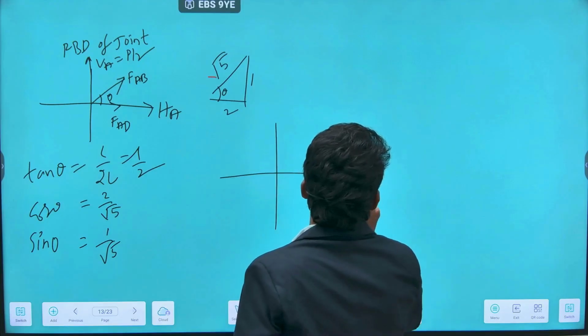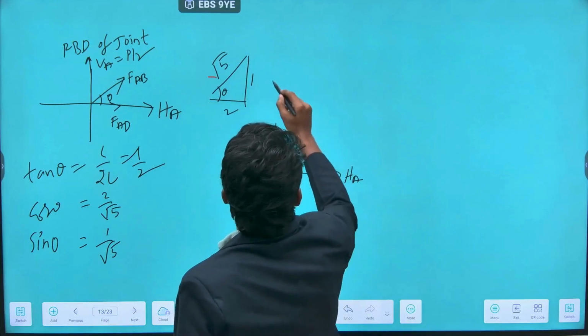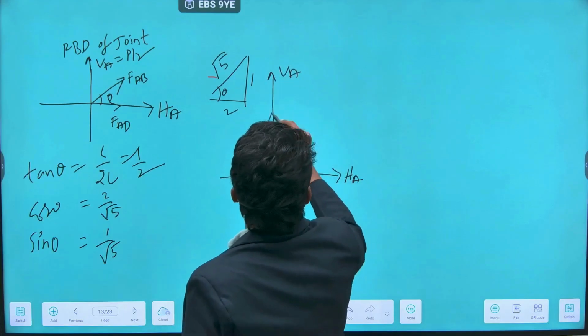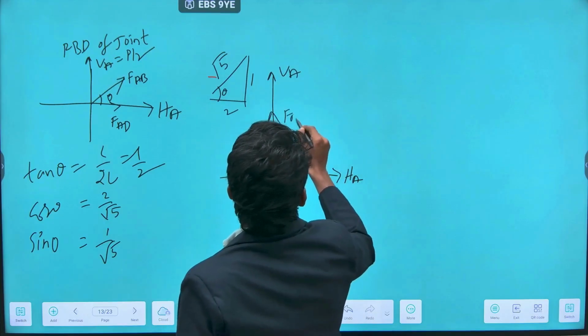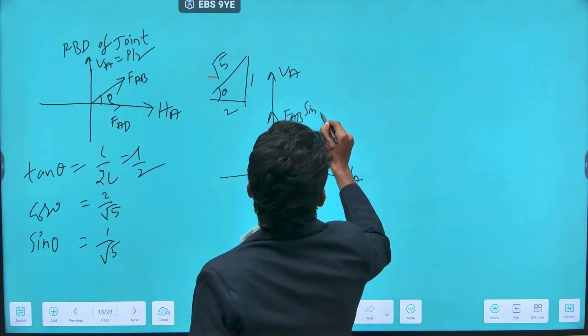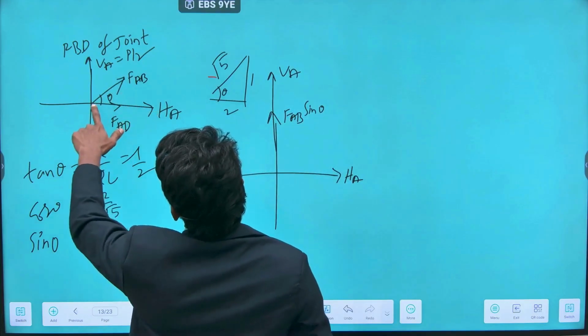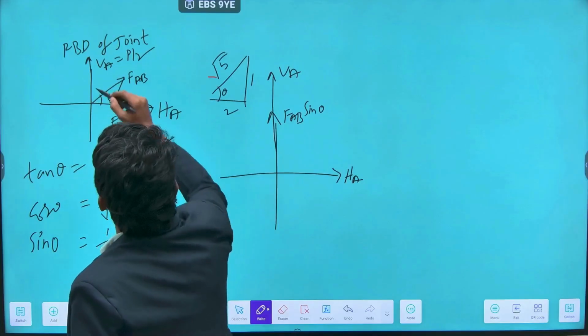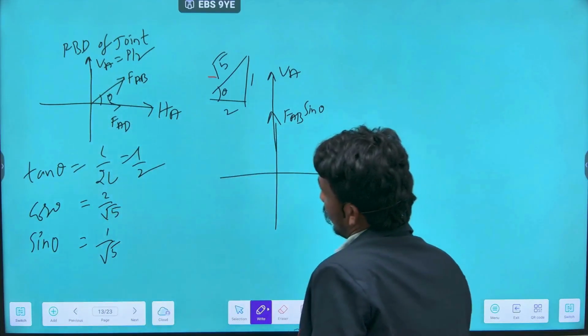I have HA, I have VA. So when we are resolving this force, in this direction it will be FAB cos theta, in this direction it will be FAB sin theta.